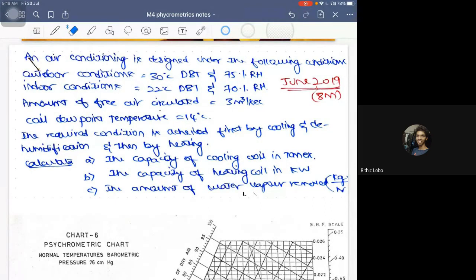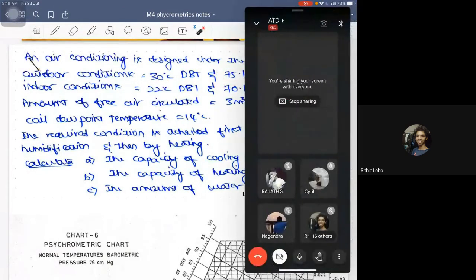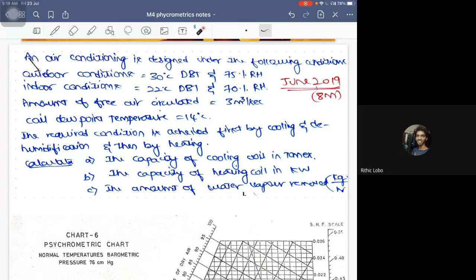The outdoor conditions are 30 degrees Celsius DBT and 75% RH.